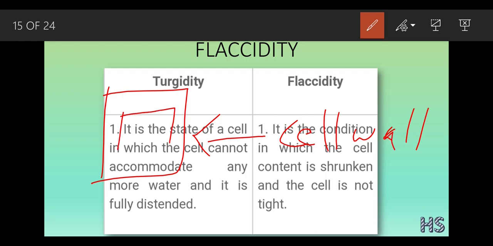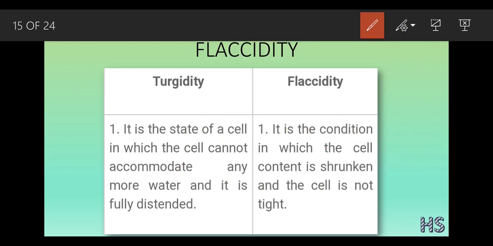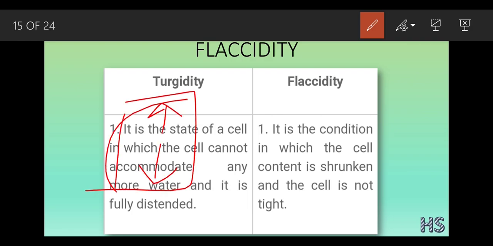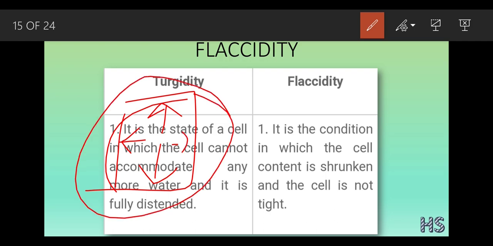The cell membrane is inside, but the outermost is the cell wall. This is rigid in nature. Rigid means not flexible, very tough. The pressure inside won't exert a lot, and if it does not exert a lot, the cell will not burst.